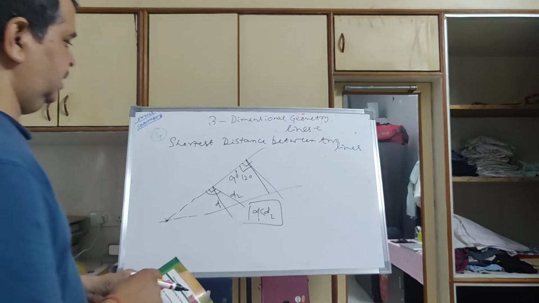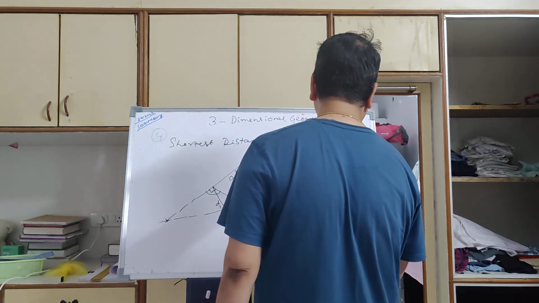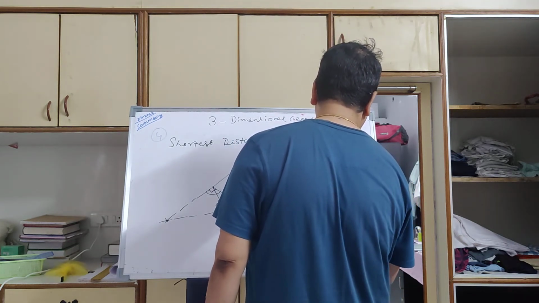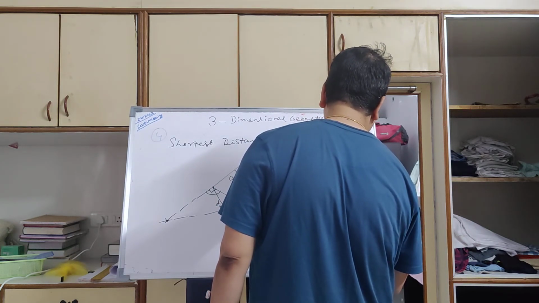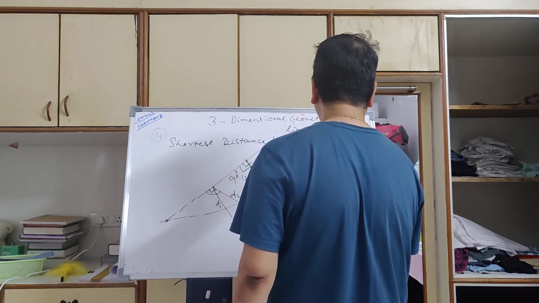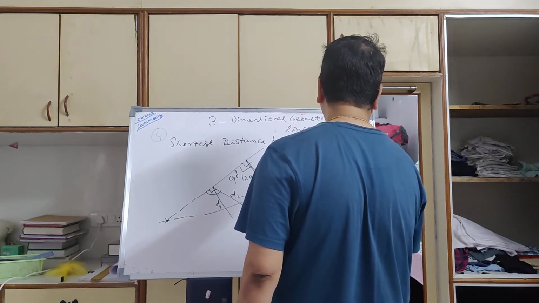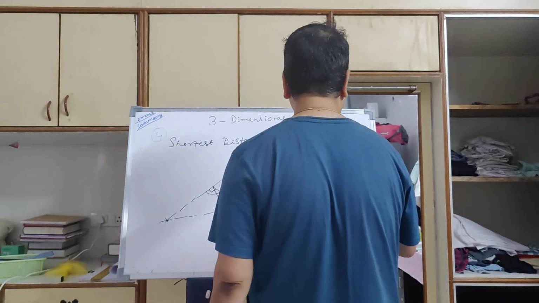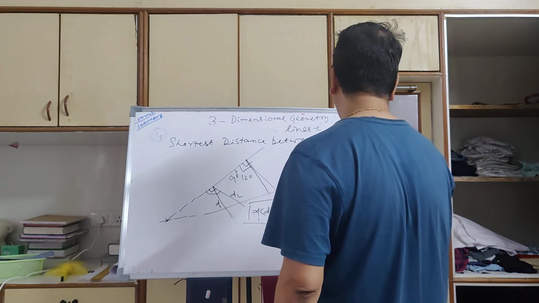So let us say this is my line, this is another line, this is point 1, x1, y1, z1. This is x2, y2, z2. Knowing these two points, I can find the shortest distance between them, which is a perpendicular.